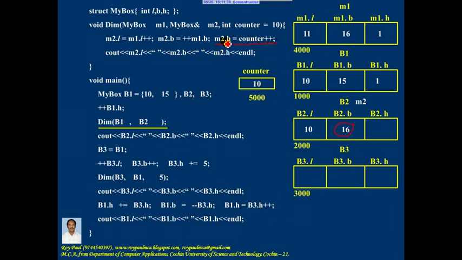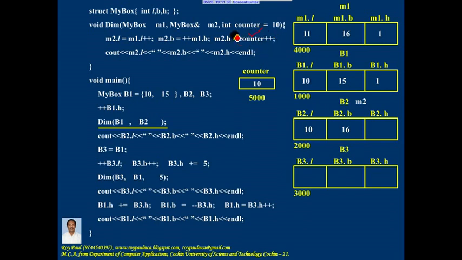Here multiple operators are there because the assignment operator is one operator, the postfix operator is the second one. Now what is the rule of postfix? Use and change, which means counter should be used for the assignment operator. After that, counter++. So let me use it.